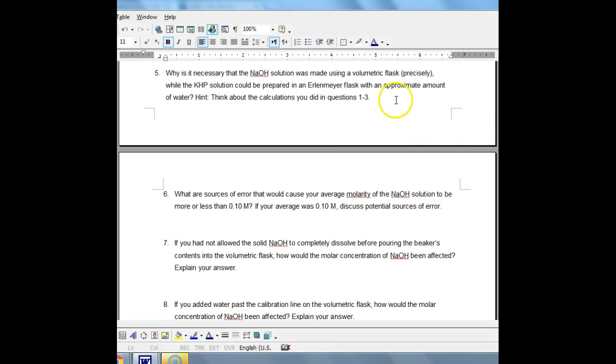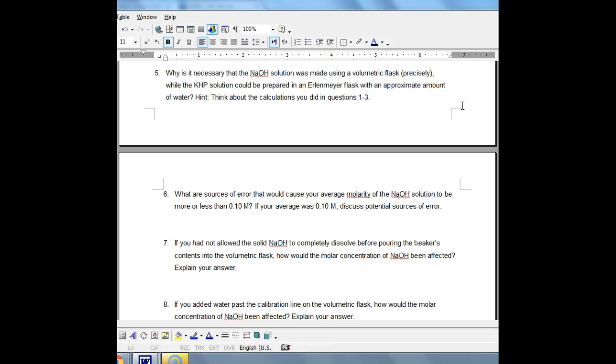Alright, so we saw in questions 1 through 3 that the ratio of KHP to NaOH is 1 to 1, and that we need to know specifically the volume of the NaOH solution we added to determine its concentration. We also just needed the mass of the KHP to determine the moles that were used to titrate.